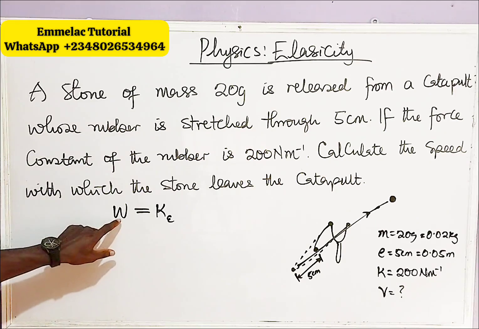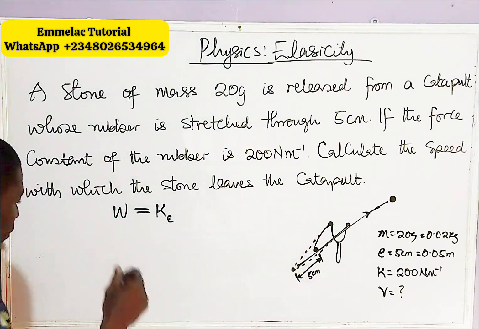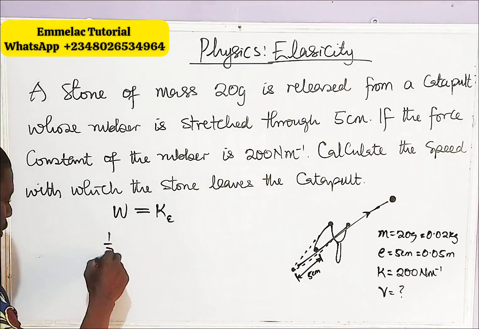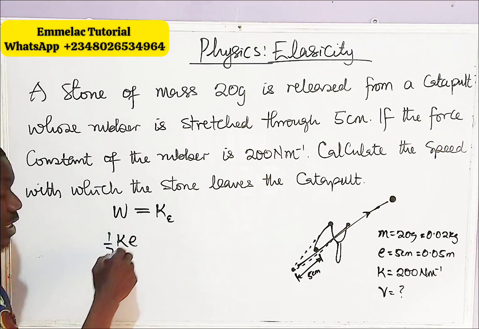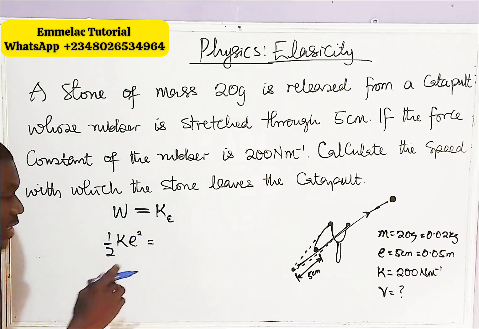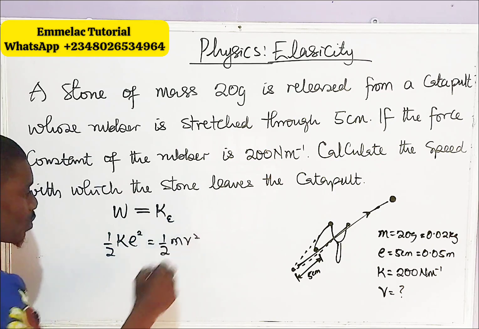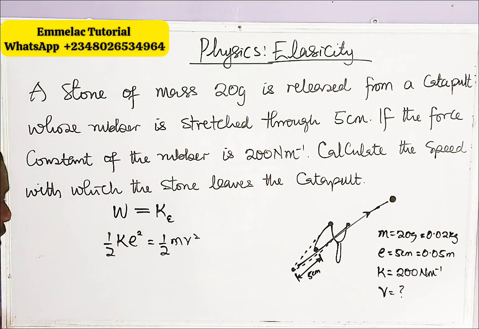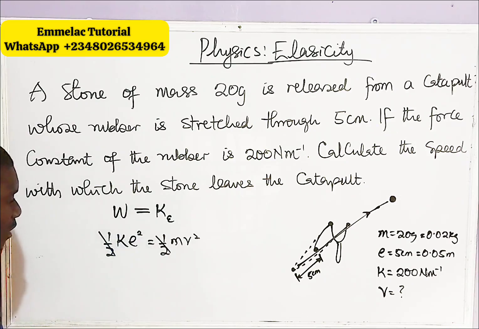Okay, so in this case now, what is the work done here, and what is the kinetic energy here? So now the work done on the rubber is given by this equation: 1/2 the force constant times the extension to the power of 2, which equals the kinetic energy, given as 1/2 mv squared. Since we have the same term here, we can just eliminate this. So we are left with ke squared equals mv squared.